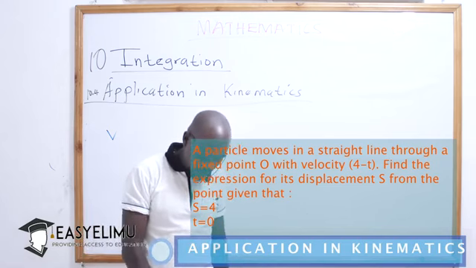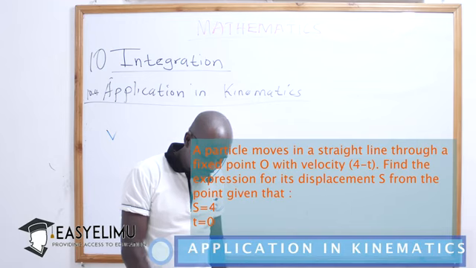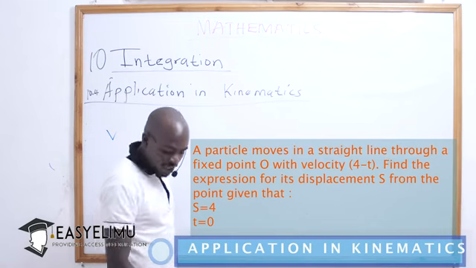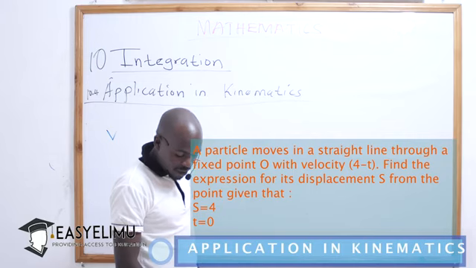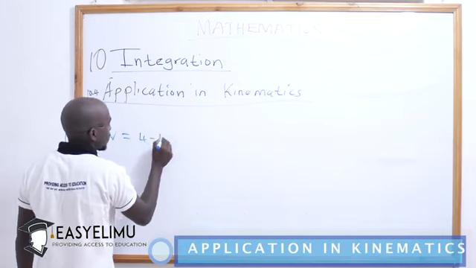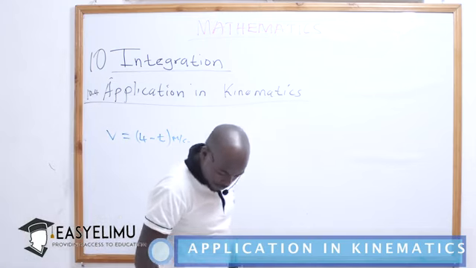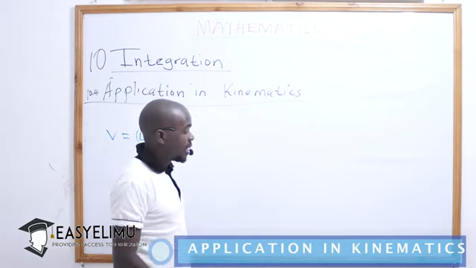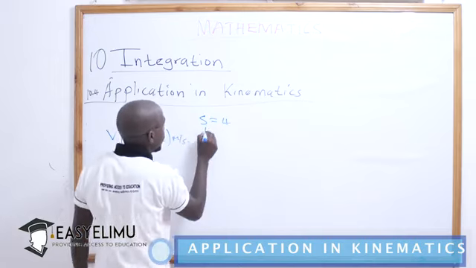Find the expression for its displacement s from the point, given that s equals 4 when t equals 0.